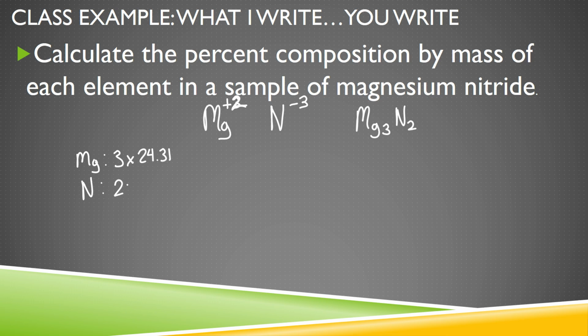And then I have 2 nitrogens, 14.01. So we find out we have a molar mass of 100.95. And then now I can do my percent by mass.